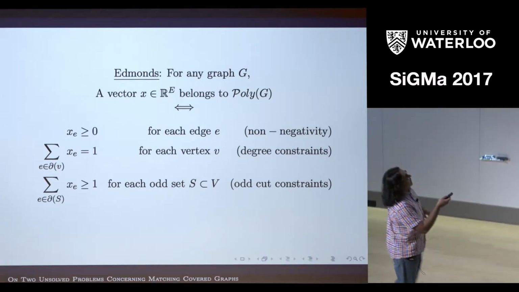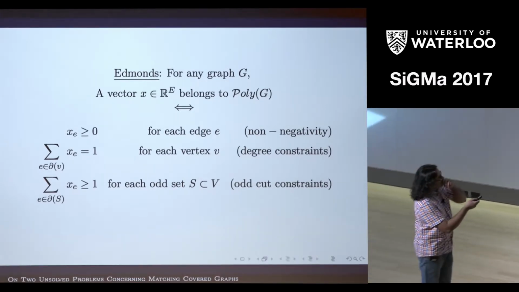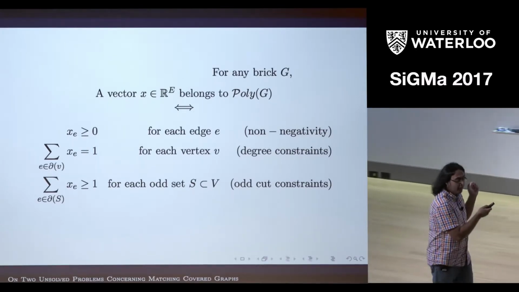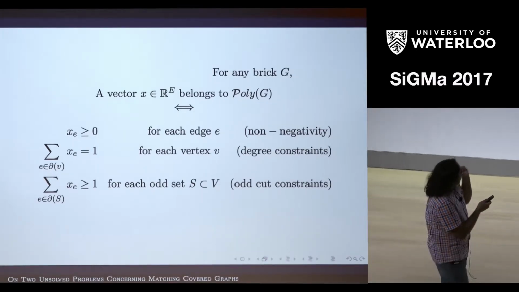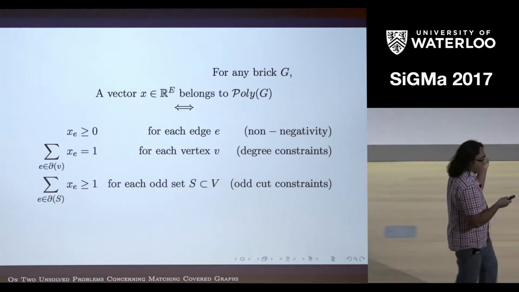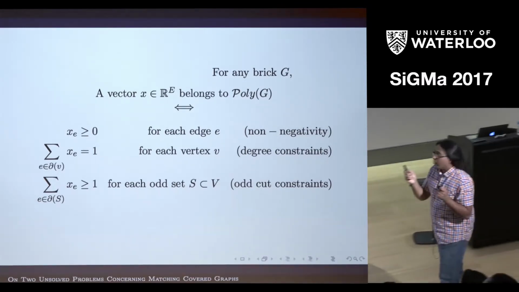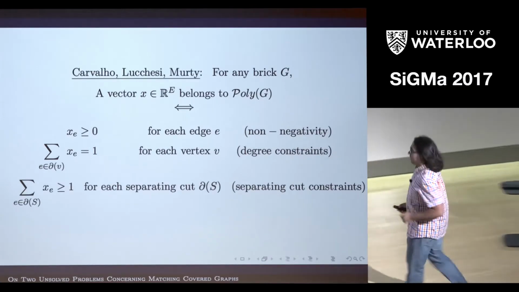So those are the odd cut constraints. But in fact, this is for any graph, so it's true for any brick in particular. However, for bricks, you don't need all the odd cut constraints. Carvalho, Lucchesi, and Murthy proved that you just need the odd cut constraints for the separating cuts.